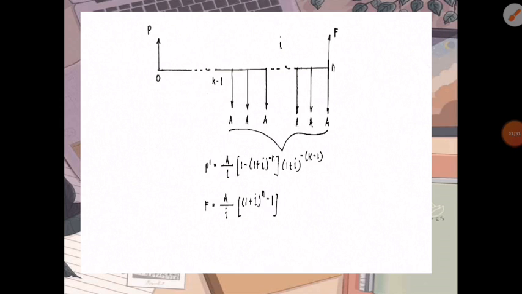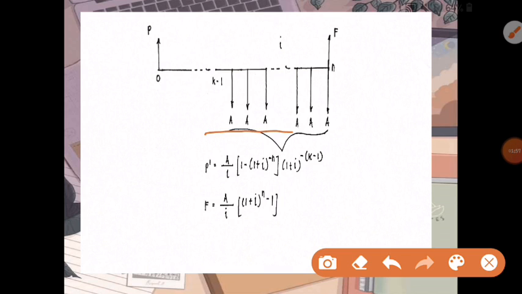Since it is deferred, in our cash flow diagram, the payment is deferred for certain periods, say until period K. So period K passes first before the annuity payments start. Like this, these are the payments, and there is a certain interest rate. Now, how do we derive the present worth of a deferred annuity?